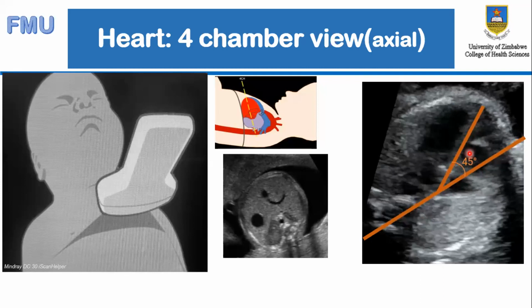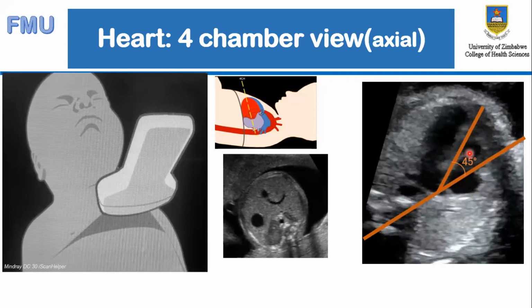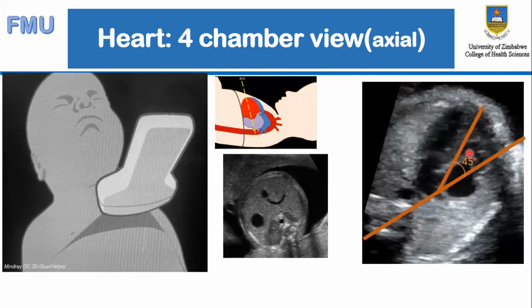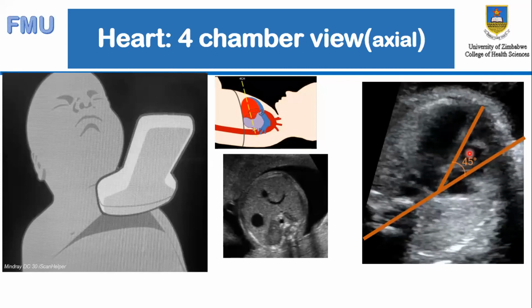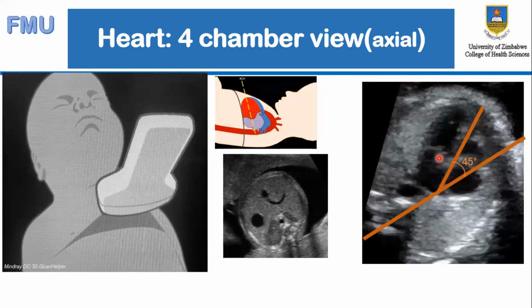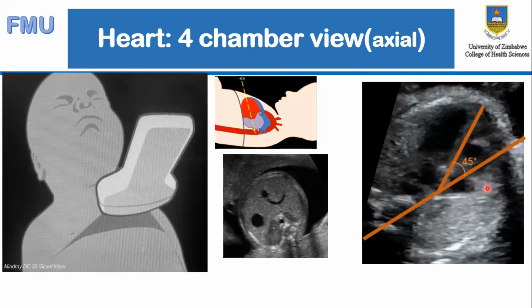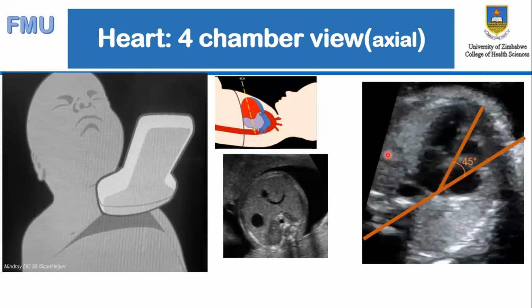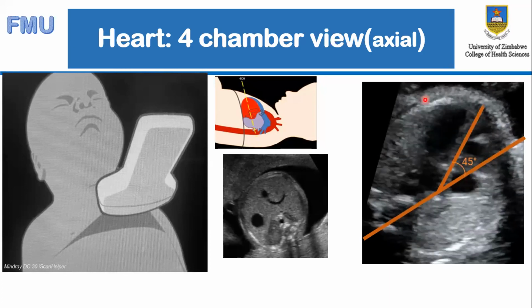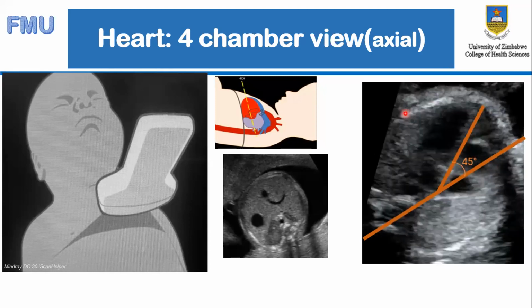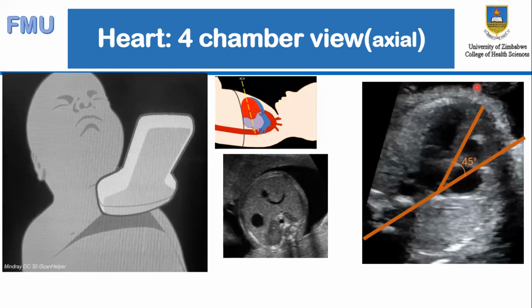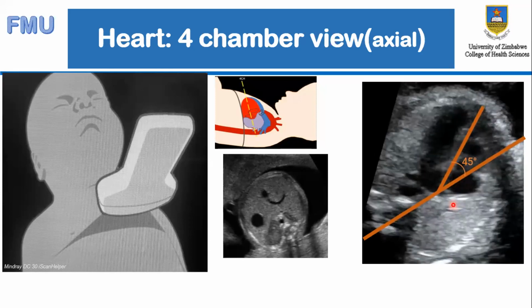Then we also want to assess the fetal heart size. So the heart should occupy at least 1/3 the area of the total chest area, but measuring the chest from the outer margins of the ribs rather than from the outer skin margin.